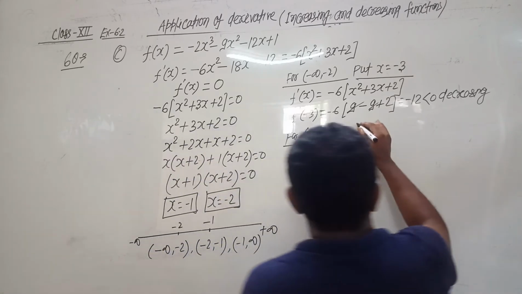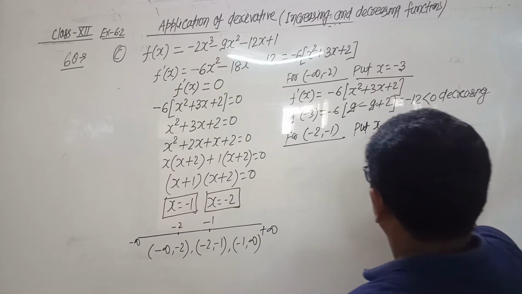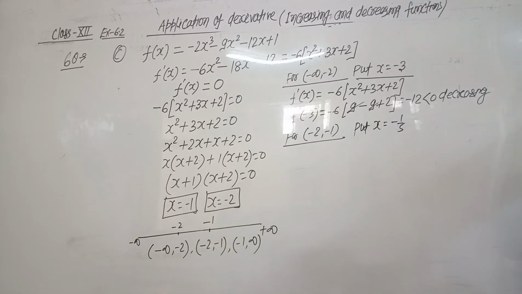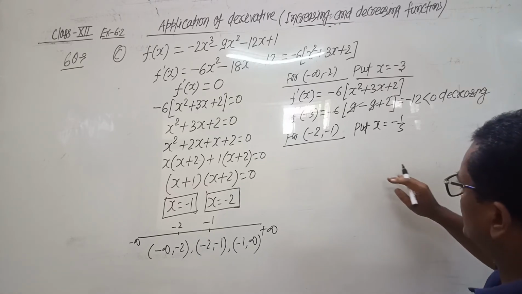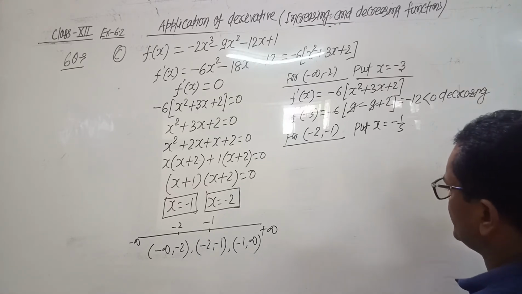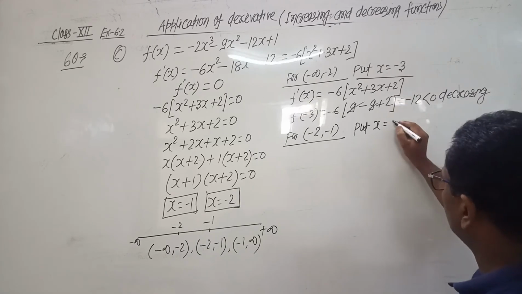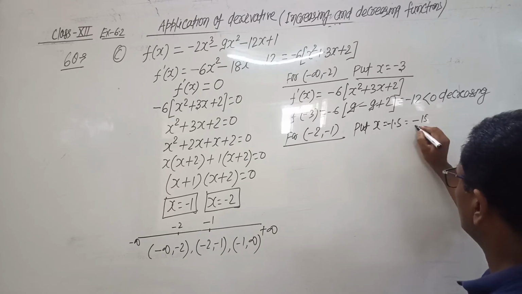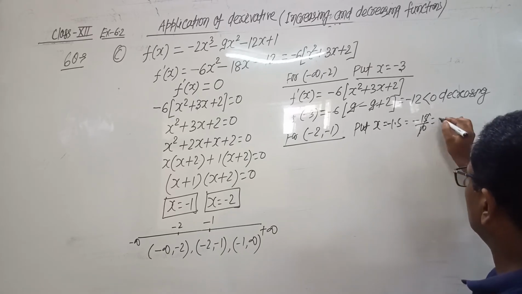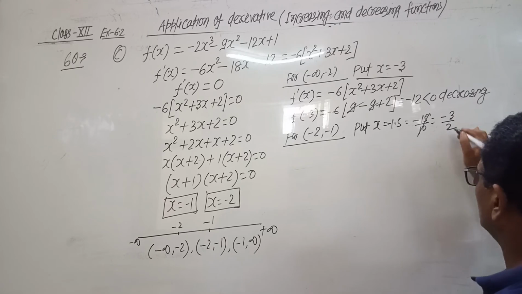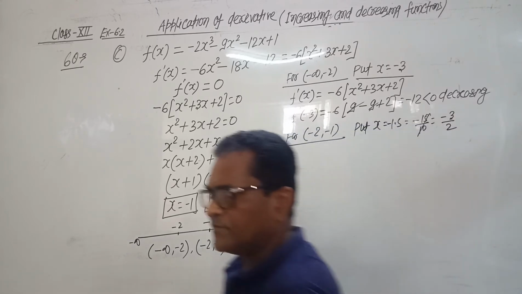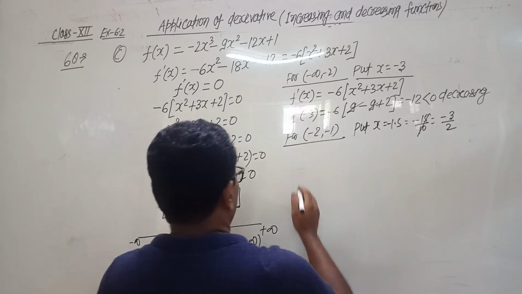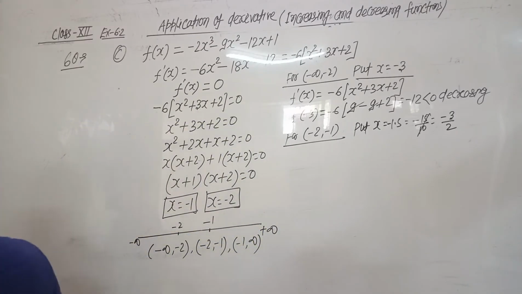So let us put x equals to minus 1.5, which is also written as minus 15 by 10, and this comes to be minus 3 by 2. Minus 1.5 means minus 3 by 2, and put it in the original form of f dash x.